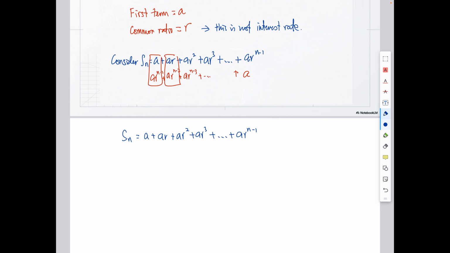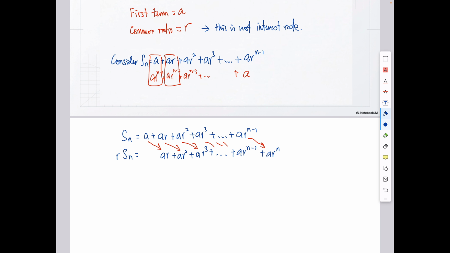So what I do is I multiply r to everybody, and what it will do is it shifts all the terms by 1. When I multiply by r, this term shifts here, this term shifts here, this term shifts here, and so on, because I multiply r to them. So what I can do is now I do a subtraction.